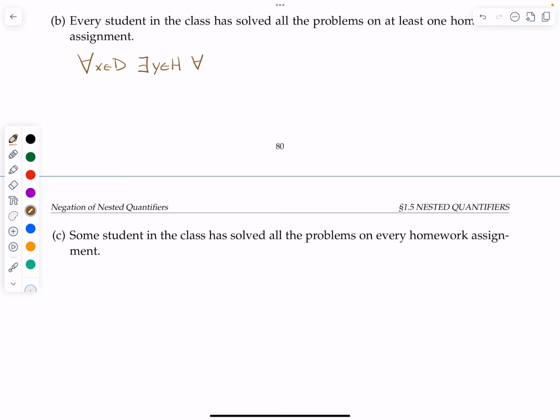So that for all the problems, Z, what do we know about these problems? Well, this student has solved the problem, and that problem is on that assignment.